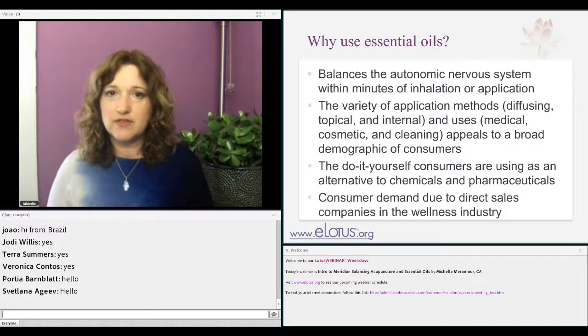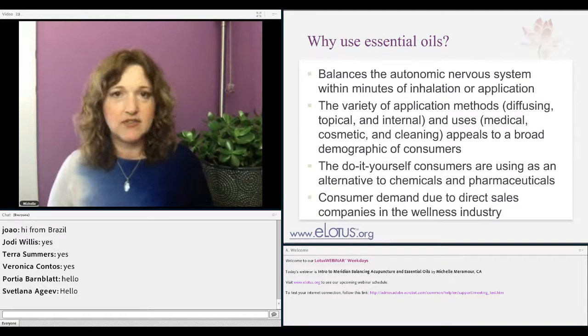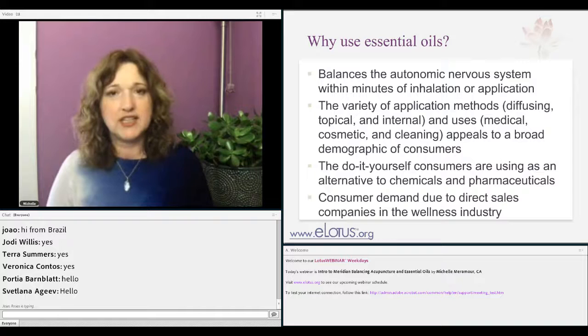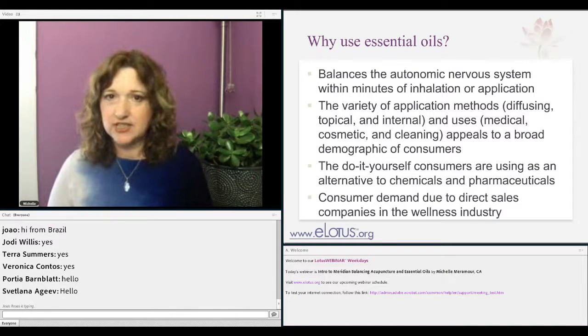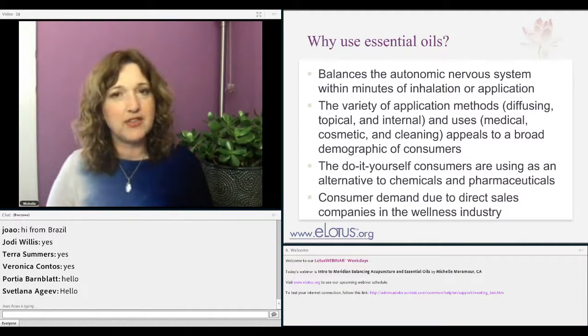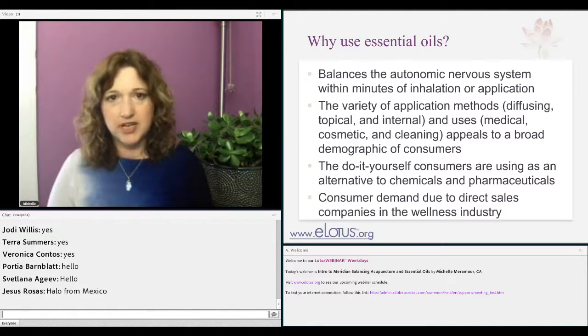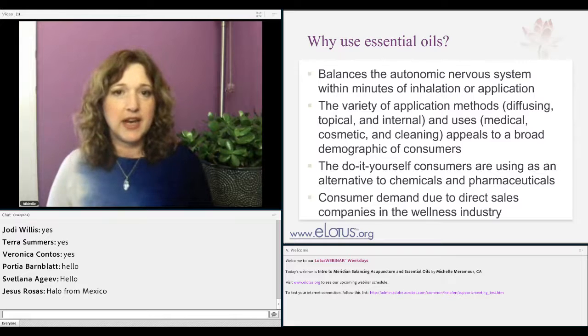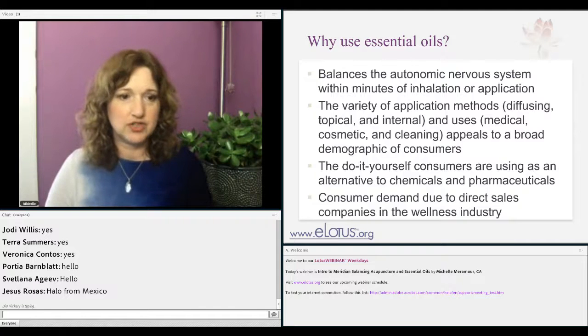If their nervous system is really excited, they tend to feel the needles more, they tend to have a harder time relaxing, and they're more at risk for some of the needle sickness side effects of acupuncture. So I always use essential oils, for the most part, on the soles of my clients' feet before I put any needles in, while I'm checking my points and figuring out what I'm going to do to calm the nervous system down.